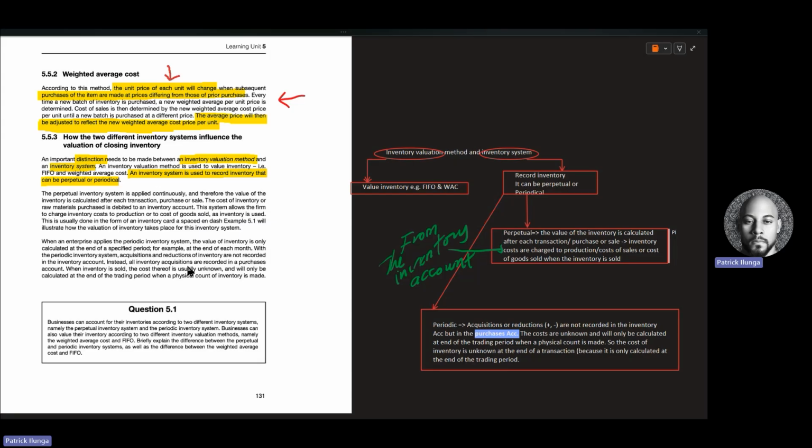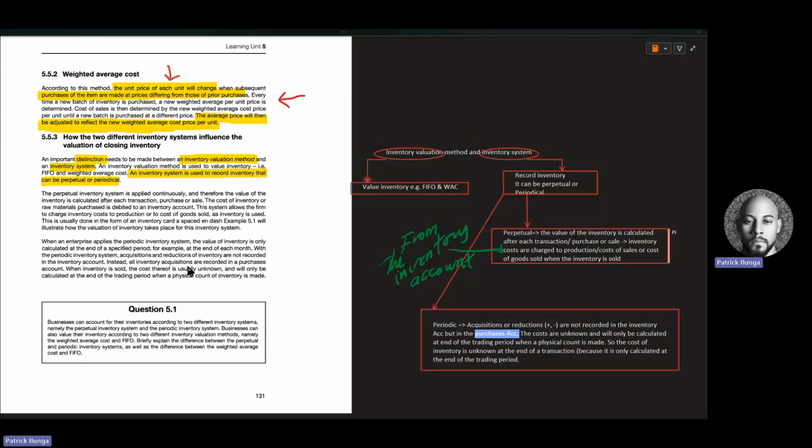With the perpetual system, the value of the inventory is calculated after each transaction, after each purchase, after each sale. On the accounting side, the inventory costs are charged to production, or cost of sales, or cost of goods sold, when the inventory is sold.